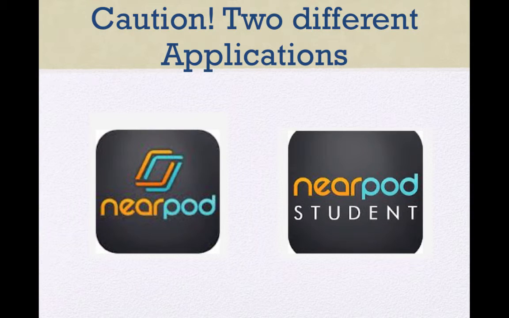But caution, there are two different applications. The one you're looking to download to your iPad, it's the Nearpod on the left-hand side. The Nearpod student on the right-hand side of my screen will be what you will be downloading on the student-issued device.